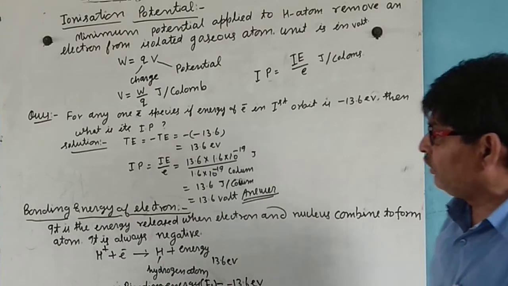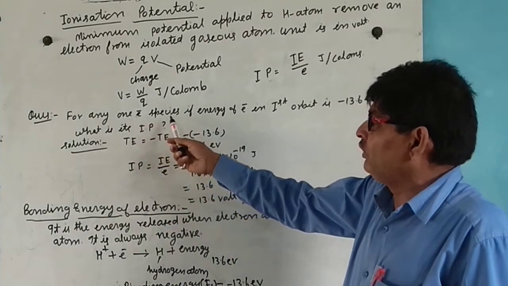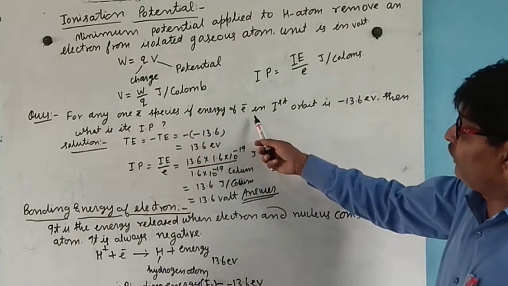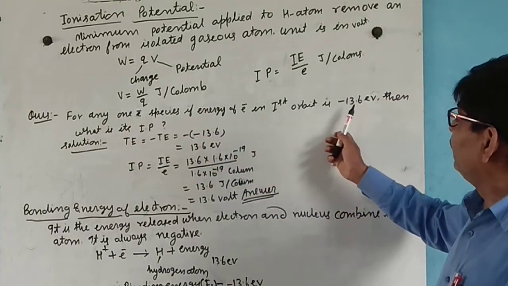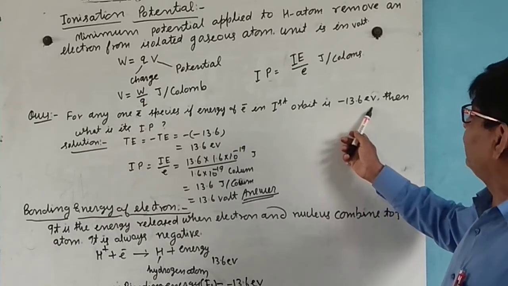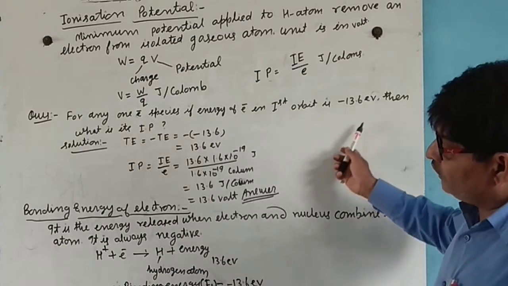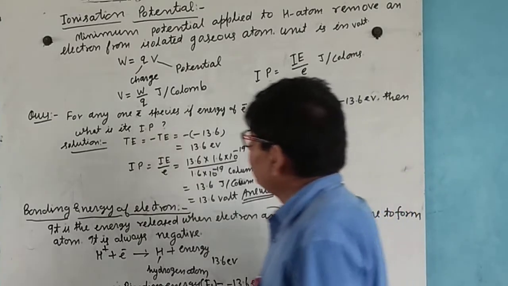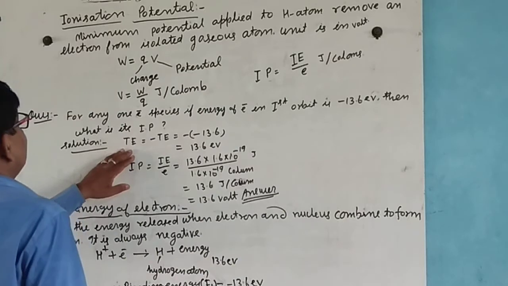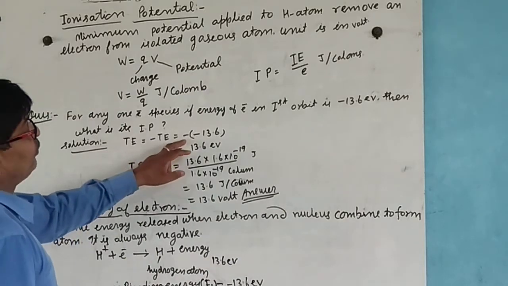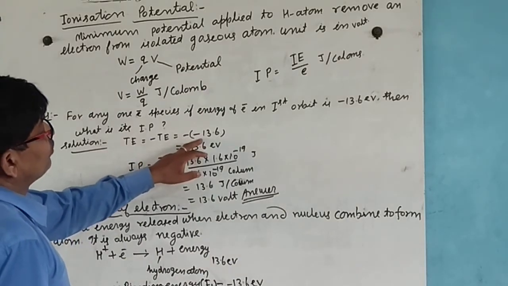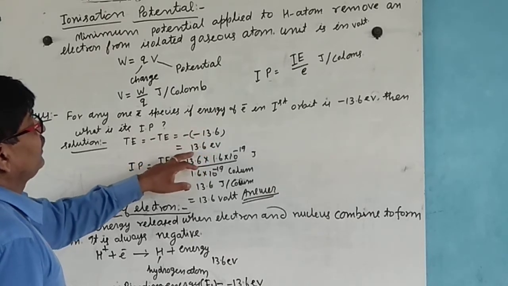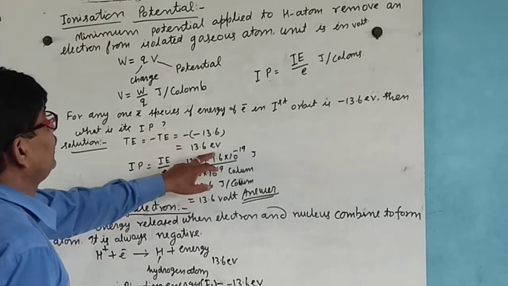Now, for a one-electron species, the energy of the electron in the first orbit is minus 13.6 electron volt. Then what is its ionization potential? We know that the total energy is negative, so the ionization energy is 13.6 electron volt.